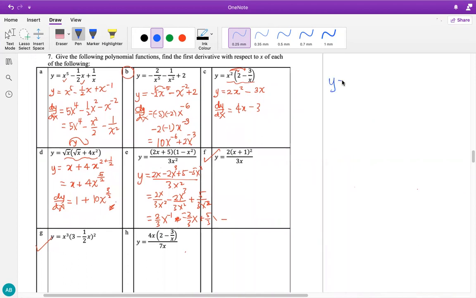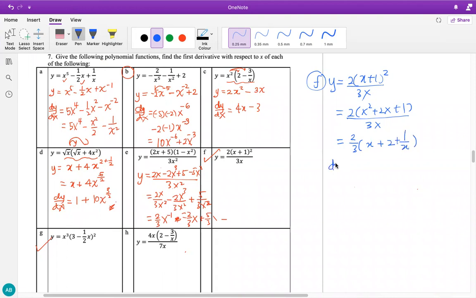So y equals, this is F, right? So you expand first. 2x plus 1 squared over 3x. So expand, you get x squared plus 2x plus 1 over 3x. And then you simplify, you get x over 3 plus 2 over 3, plus 1 over 3x.